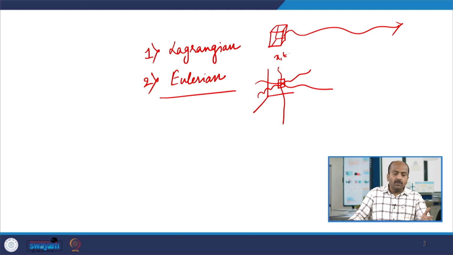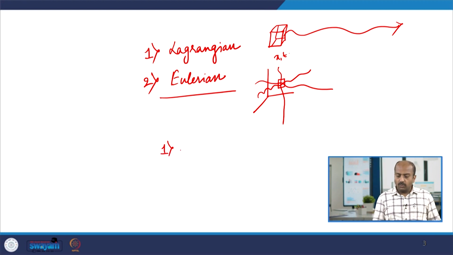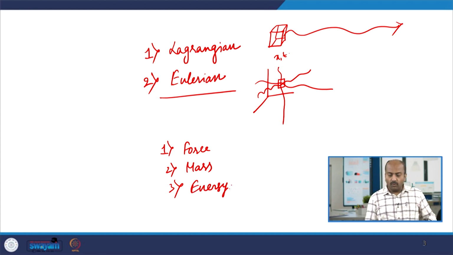Fine. The second important aspect is that when you are trying to describe the motion of the atmosphere, there are three things that you need to conserve. Number one, you need to conserve the force, then the mass, then the energy. The force conservation: you have accounted for all the forces on the right hand side, made a sum, and said this sum should be equal to the net acceleration per unit mass.